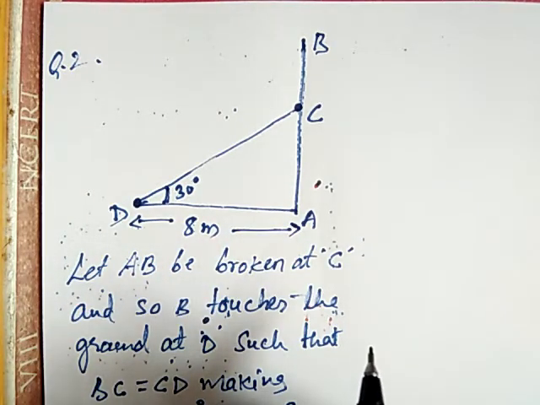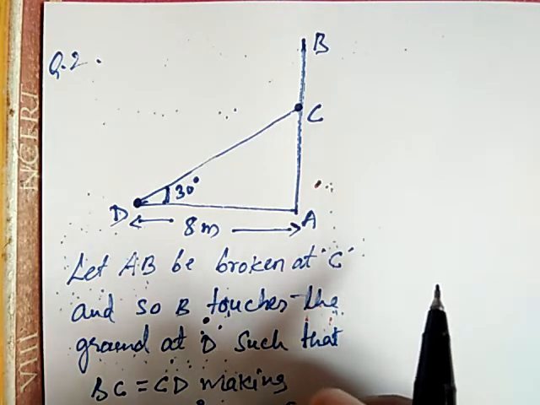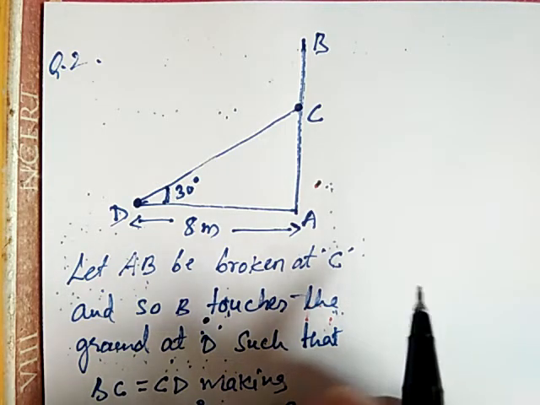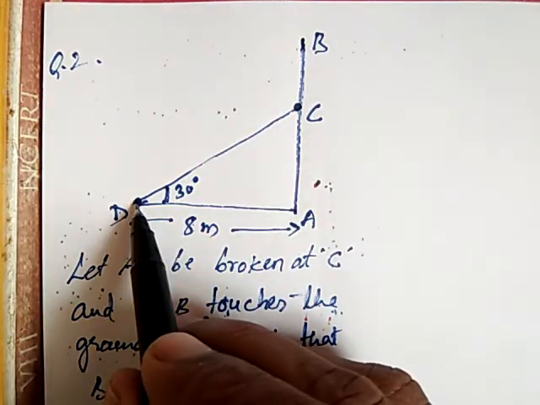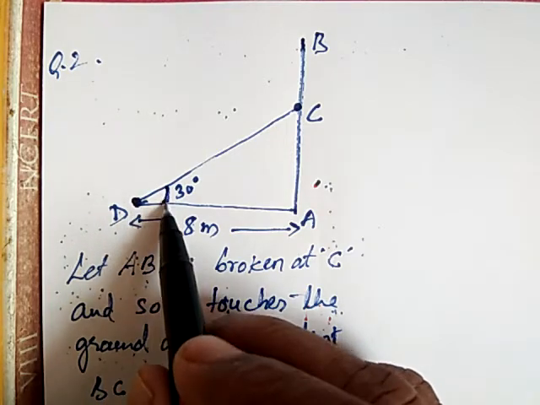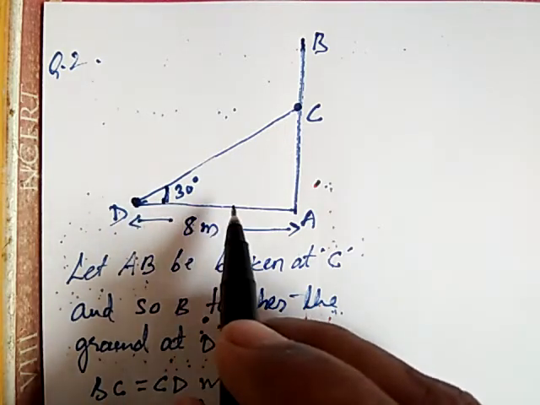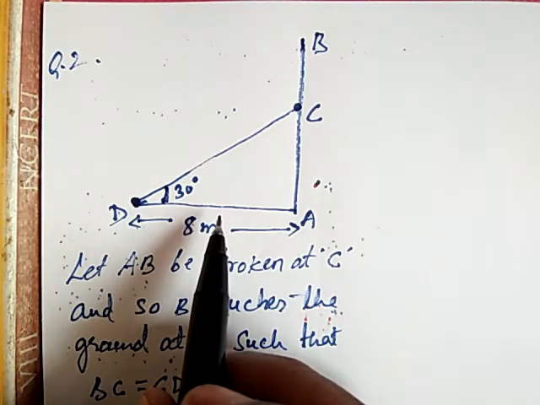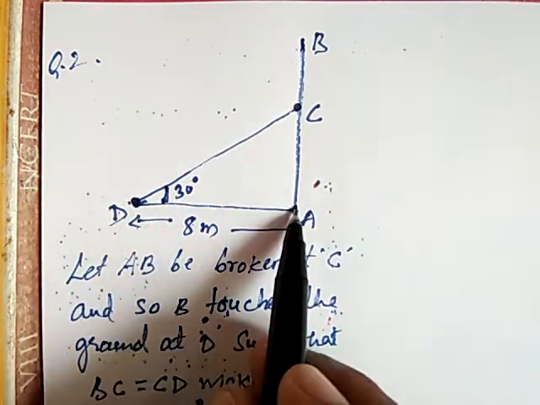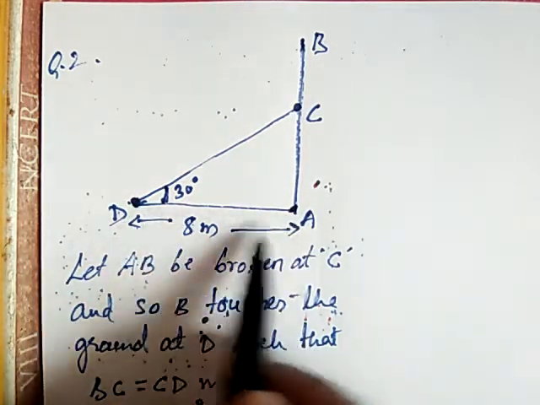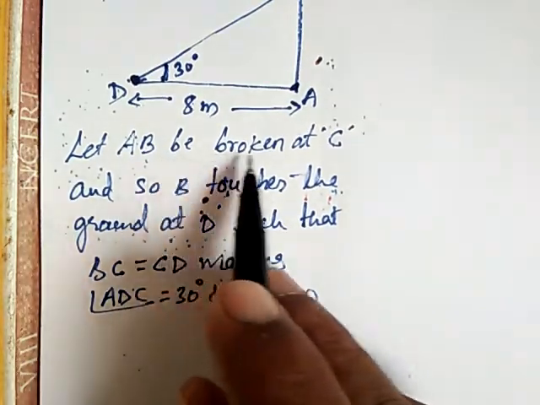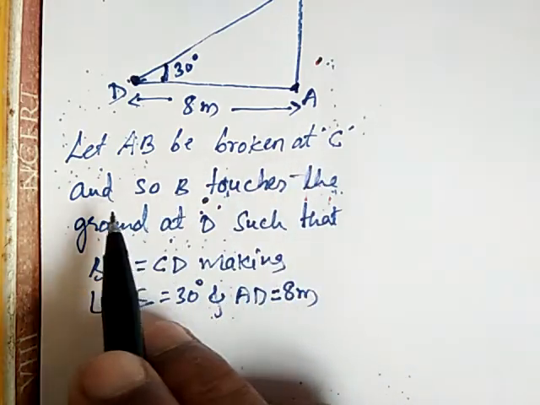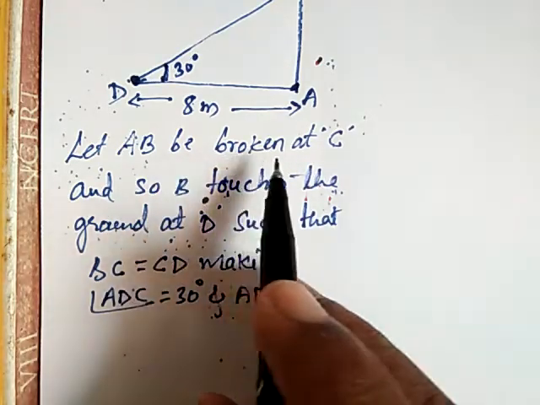The top of the tree touches the ground here, making an angle of 30 degrees with it, and the distance of the foot of the tree is given as 8 meters. So now you can write here, let the tree AB be broken at C.